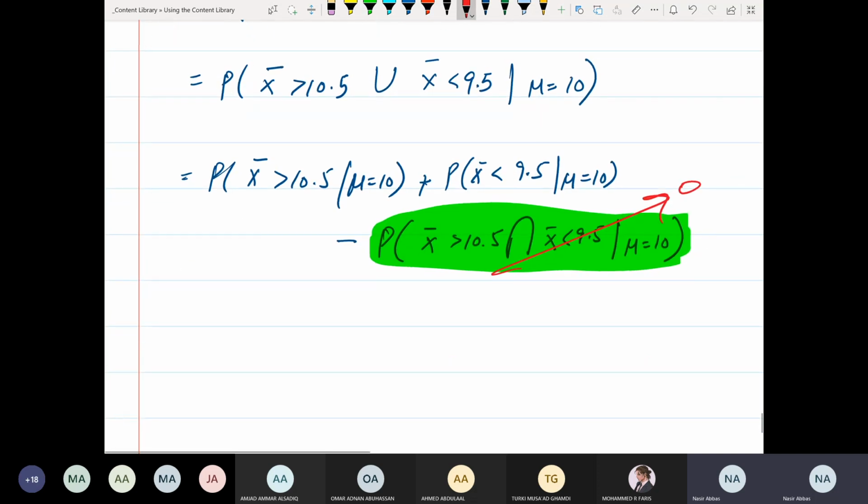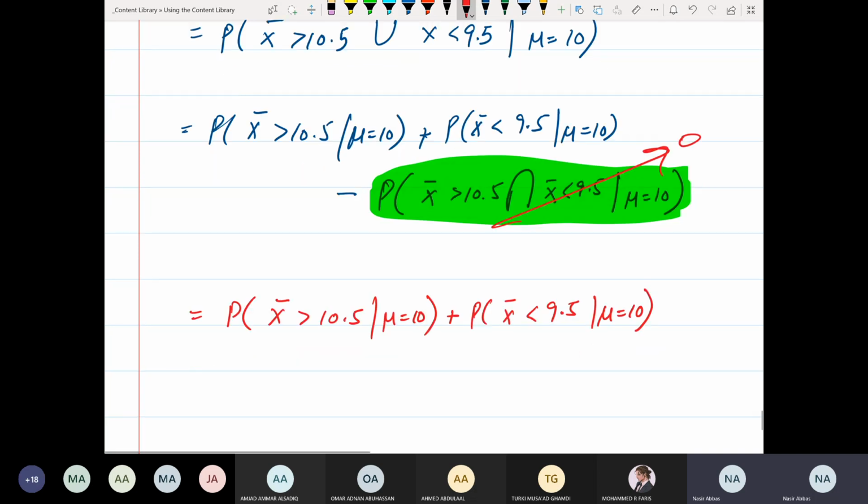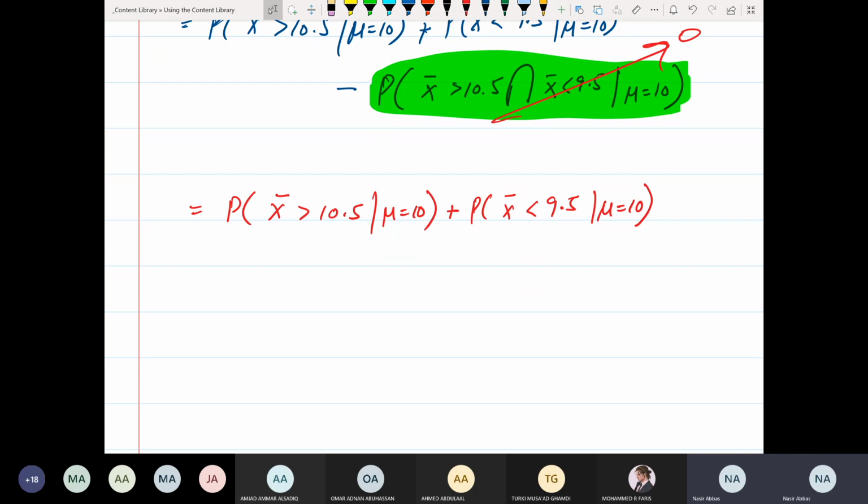So you will have just the two cases, the probability of X bar greater than 10.5 plus the probability of X bar less than 9.5. It's very easy to find these probabilities. We did this in chapter 7. We standardized to Z. So this will be the probability of X bar minus mu divided by sigma over root n greater than 10.5 minus 10.